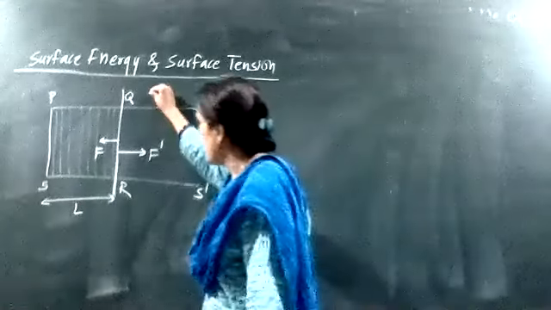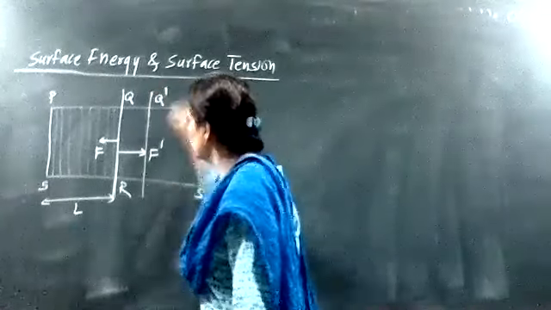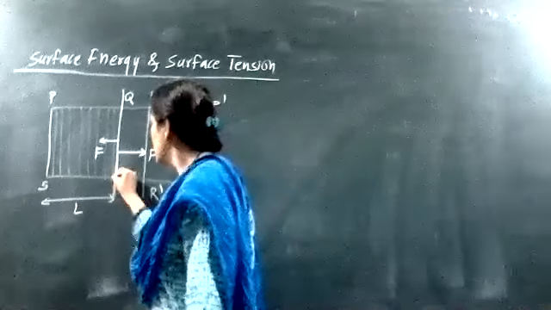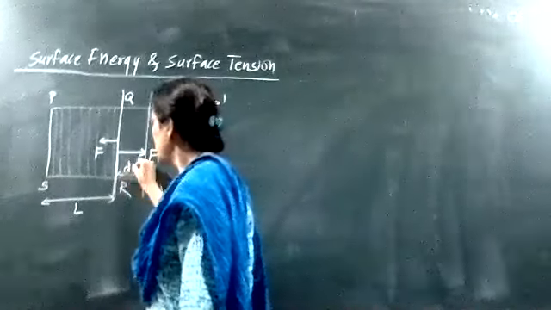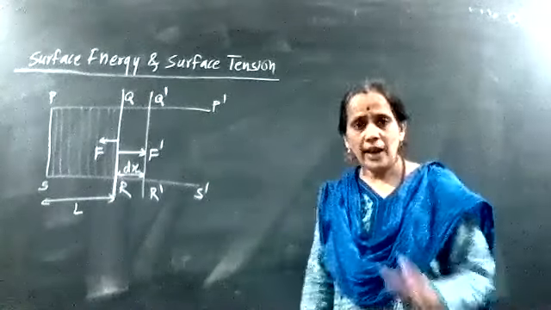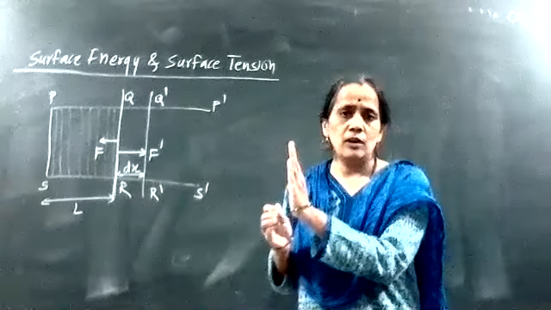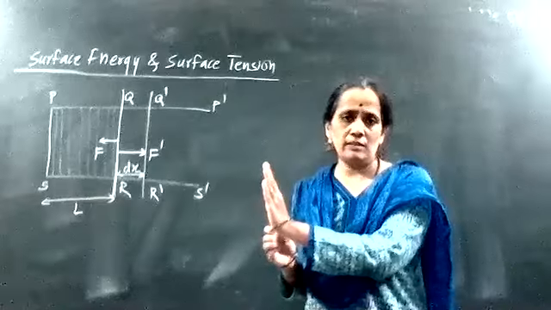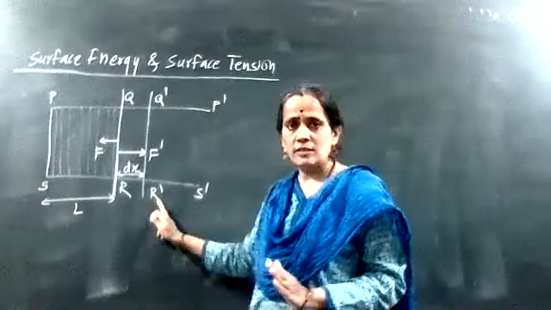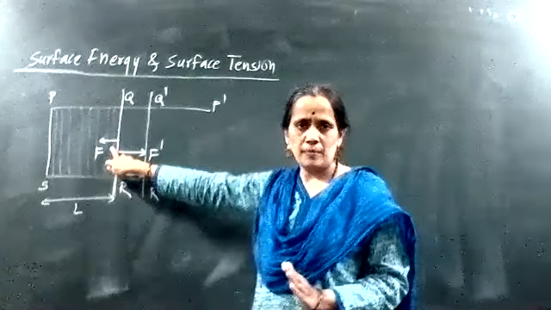what happens? This QR wire will get shifted to the new position Q'R' through a certain displacement dx. And what we are doing is work to shift the QR wire to the new position Q'R' against the cohesive force.